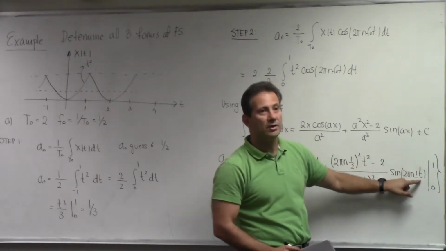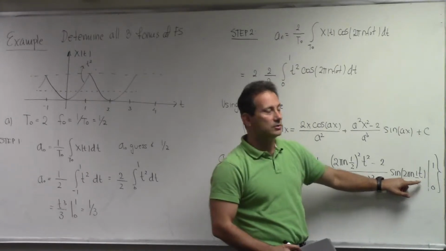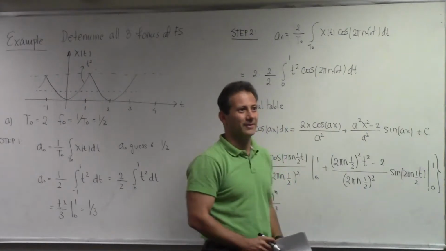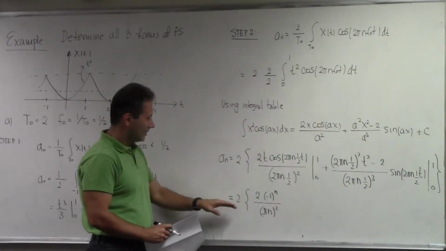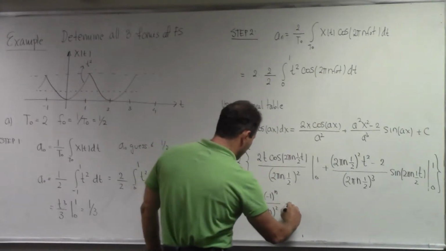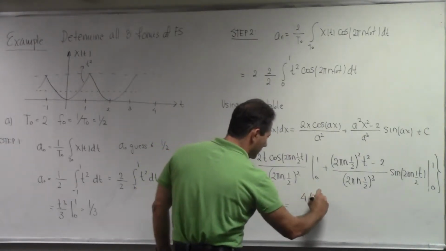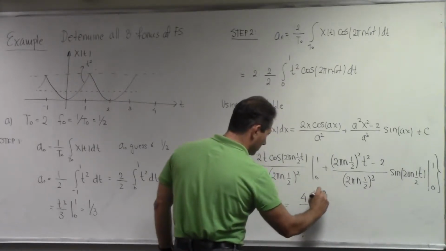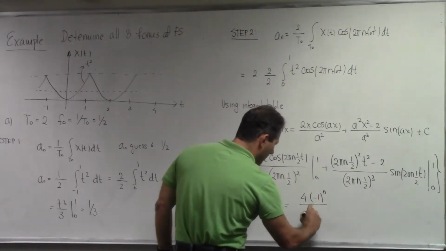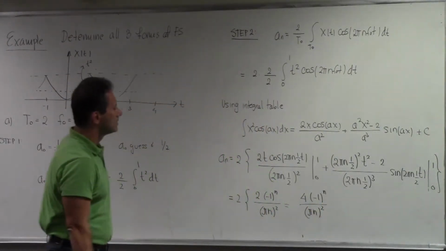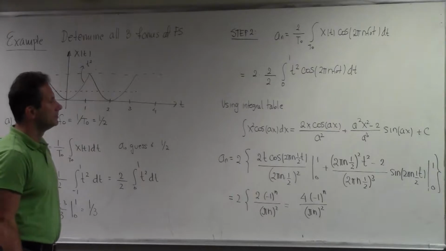When I put 0 in here, what's the sine of 0? 0. So even though this is a mess here, this whole second term is 0, right? So this didn't look like it, but it actually ends up having a really nice form of 4 times minus 1 to the n over pi n squared. So that's my an term.